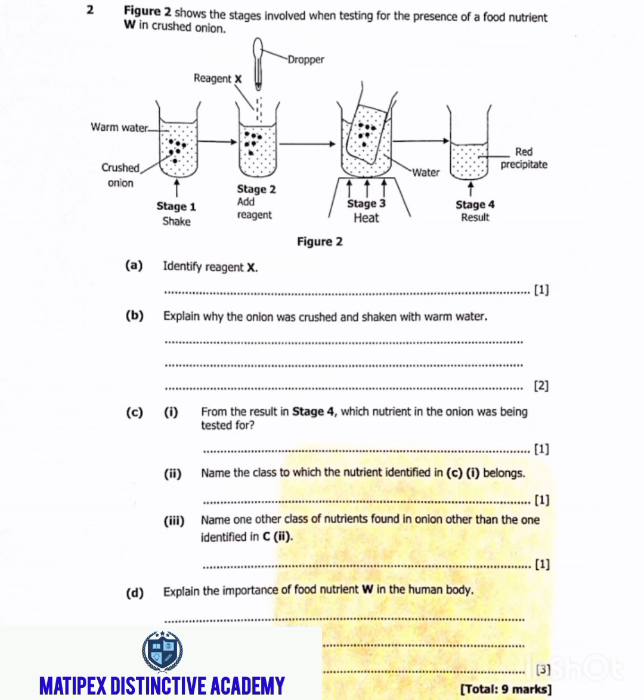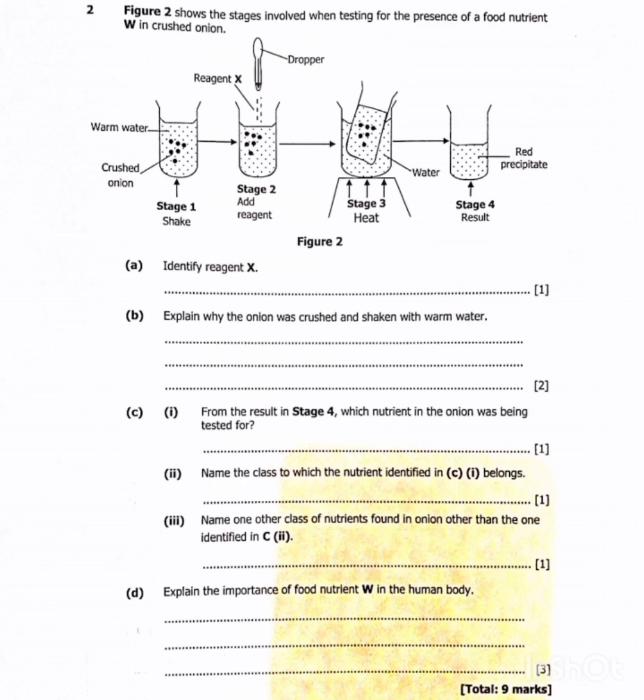Onion also contains roughage or dietary fibers. It also contains some quantity of vitamins as well as some minerals.